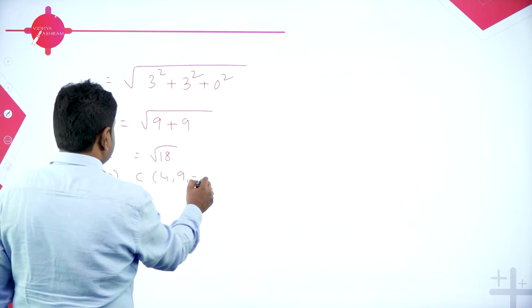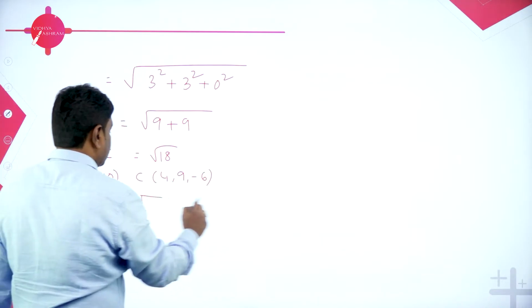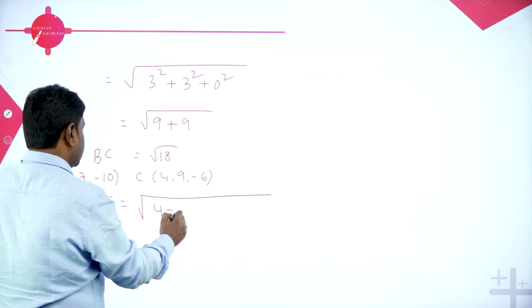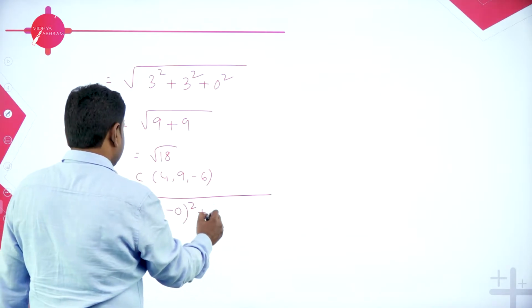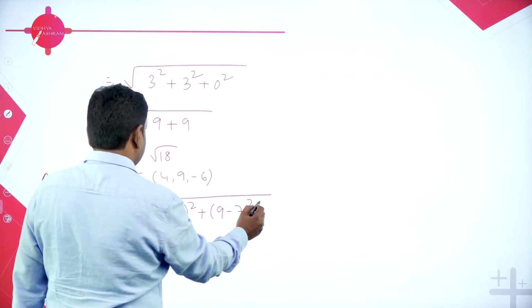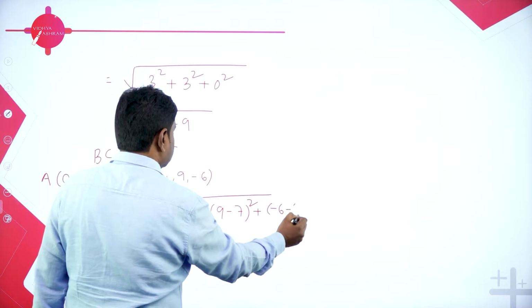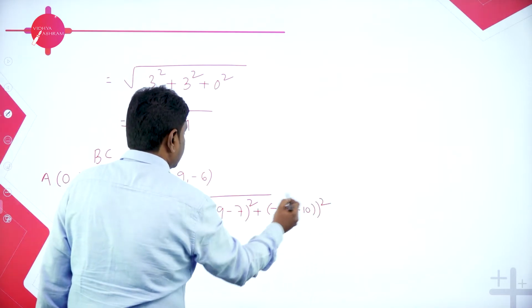(4, 9, -6). Now apply distance formula for AC, then it will become (4 minus 0) the whole square plus (9 minus 7) the whole square plus (minus 6 minus of minus 10) the whole square.